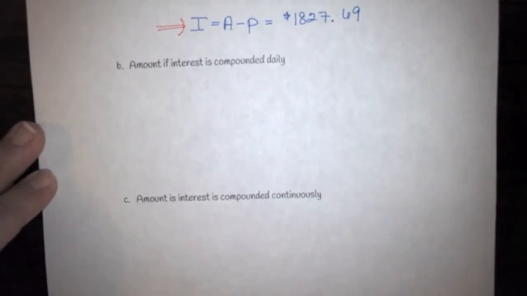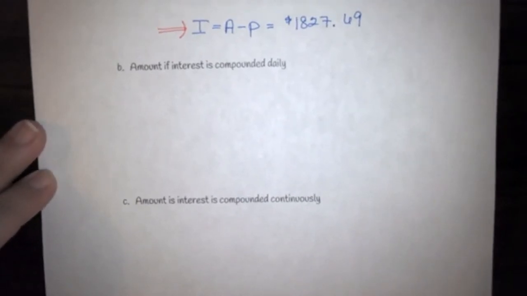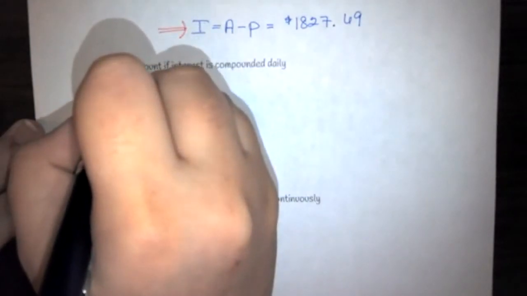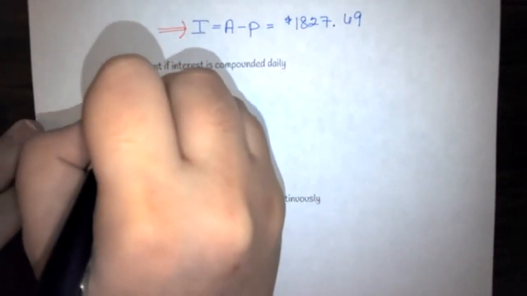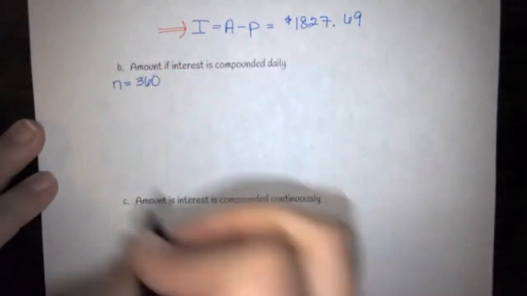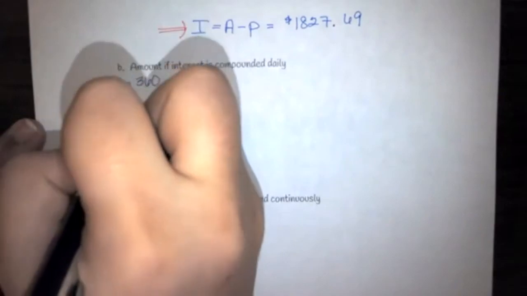Now here we have compounded daily. So again, we are going to look at N being 360. And here my R is the same, 0.055.